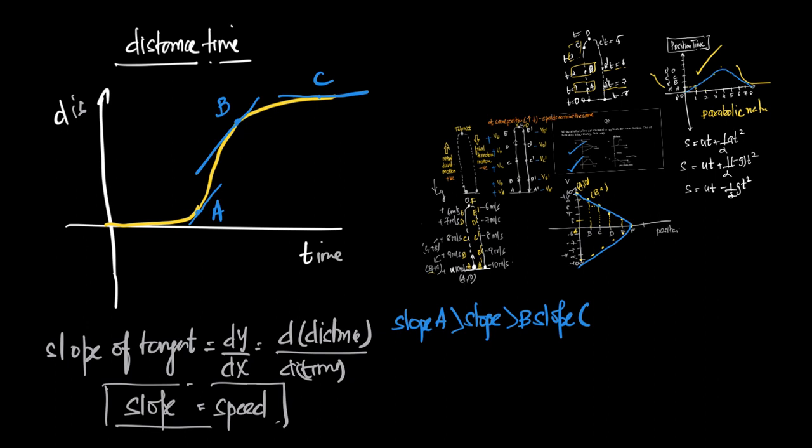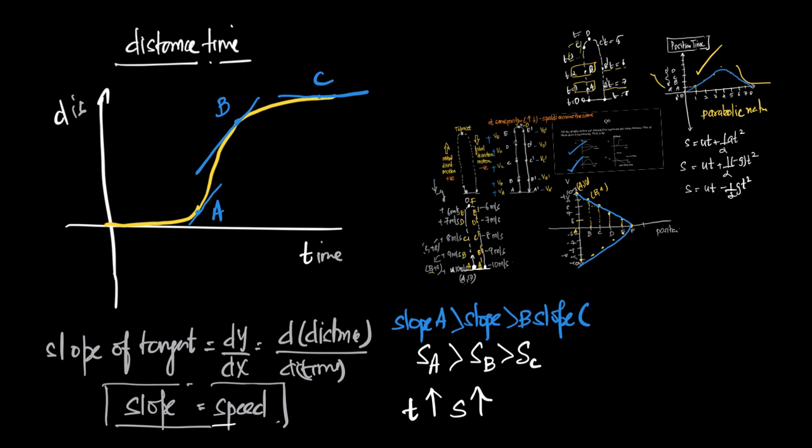Now, slope is speed, which means speed at A is greater than speed at B, which is greater than speed at C. Which means the graph is trying to give an impression that as time increases, speed also increases, right?